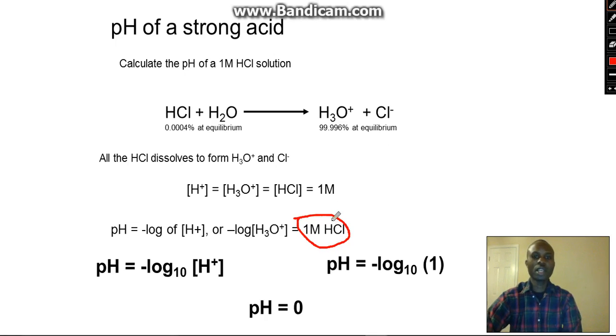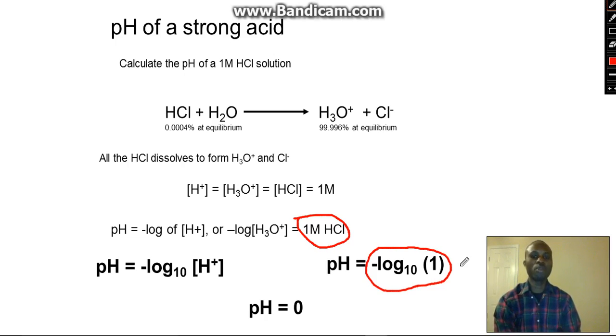So in this case, the concentration of hydrochloric acid is 1 molar. So the pH is equal to negative logarithm of 1 molar. So the logarithm of 1 is 0. What does it mean?